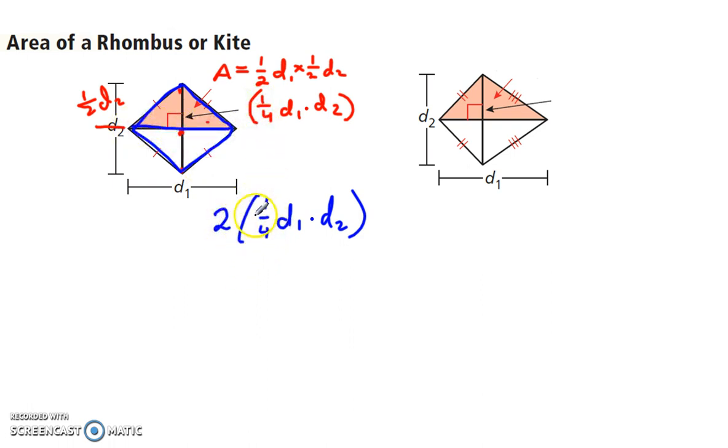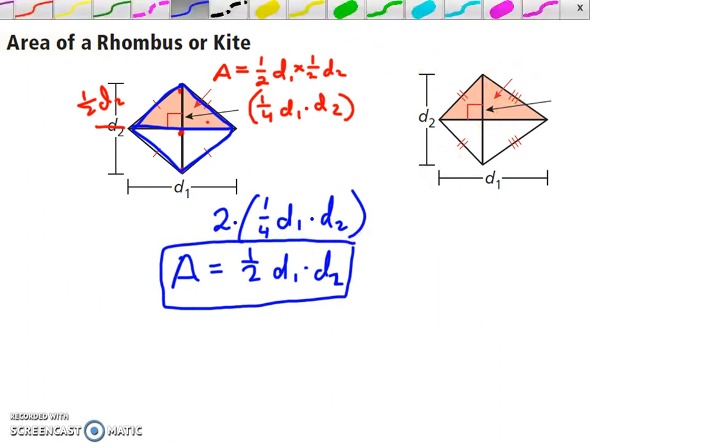And 1/4 times 2 is 1/2. So then I end up with the area of a rhombus is 1/2 D1 times D2. Okay, there you go.